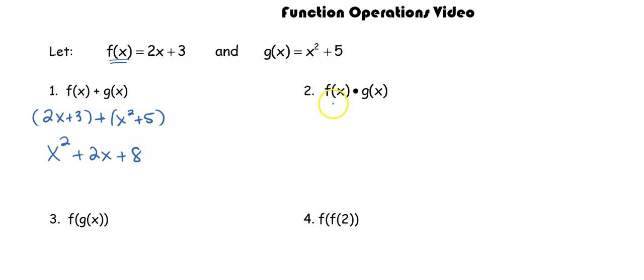Number 2, it's saying take f of x and multiply it by g of x. So I'm taking my f of x, which is 2x plus 3, and I'm going to multiply it by my g of x, which is x squared plus 5. So we distribute. 2x times x is 2x cubed. 2x times 5 is 10x.